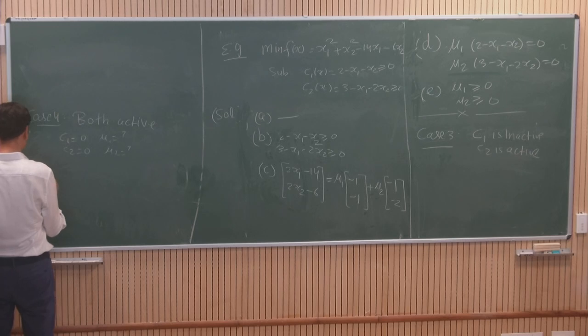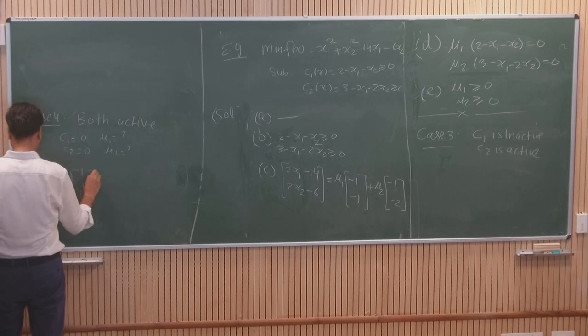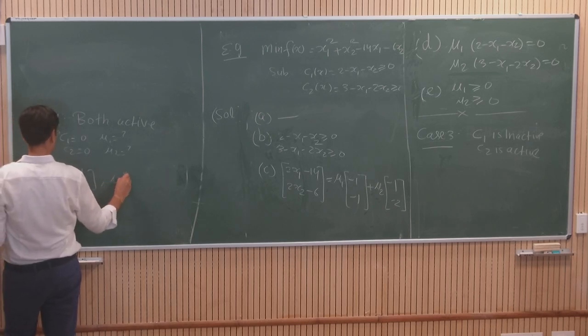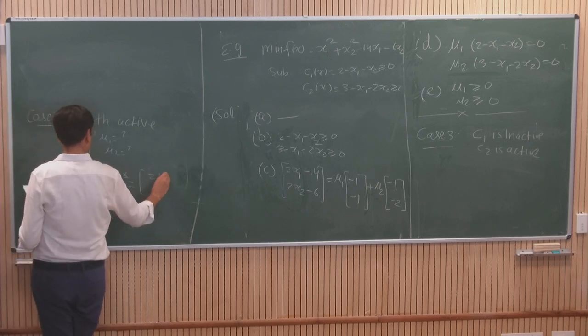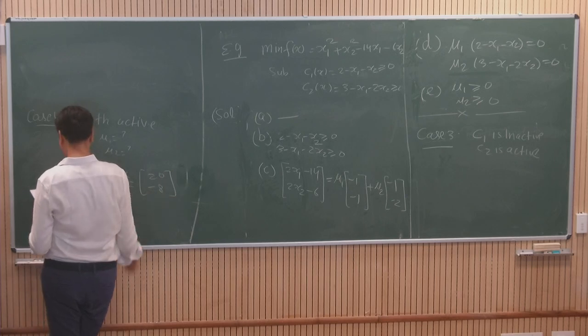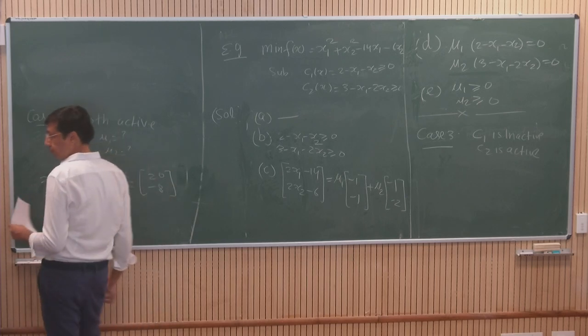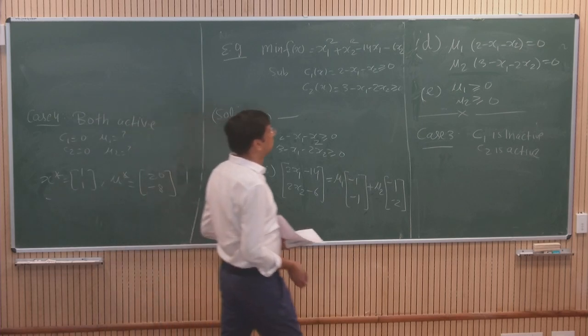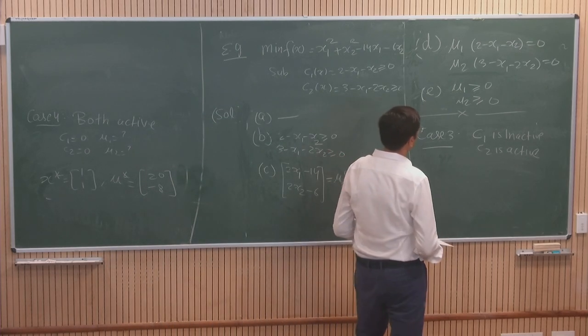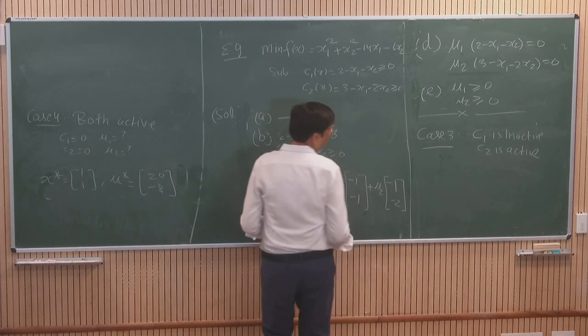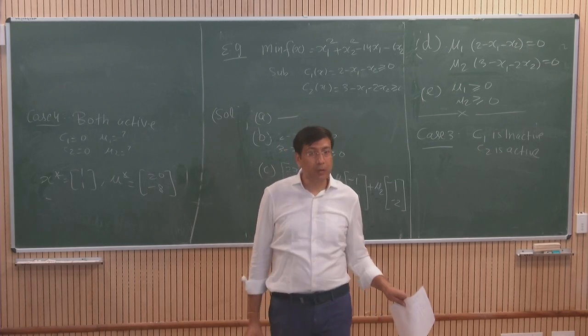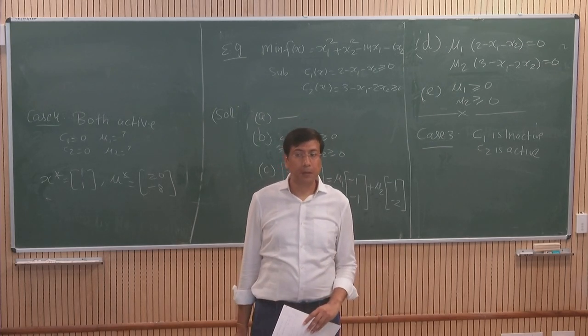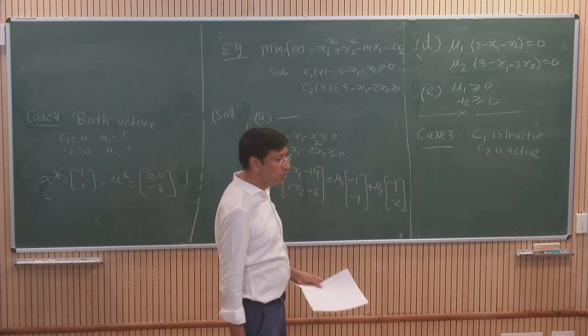You can do both of them actually, if you have understood. Do you want me to do this third case, or you can do it by yourself? What's this answer?